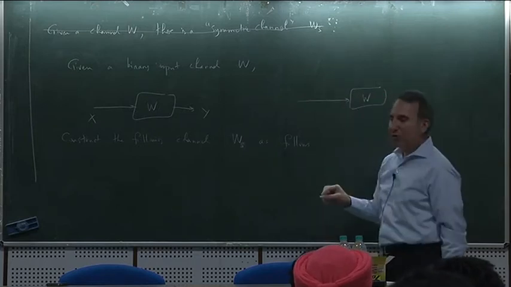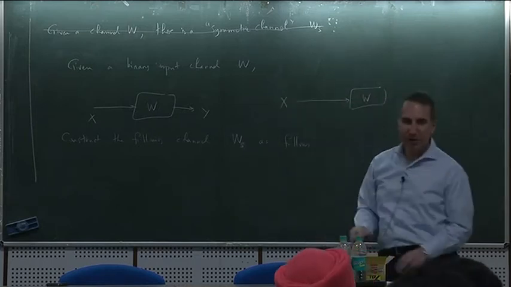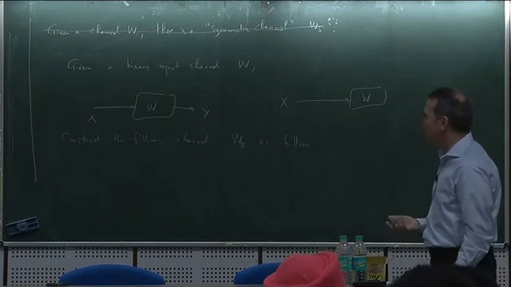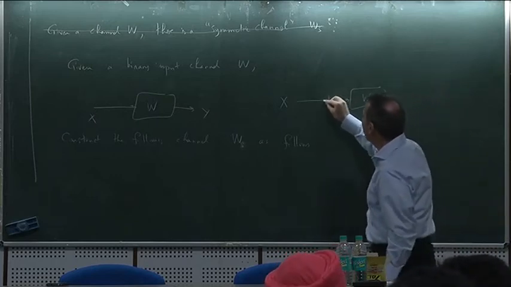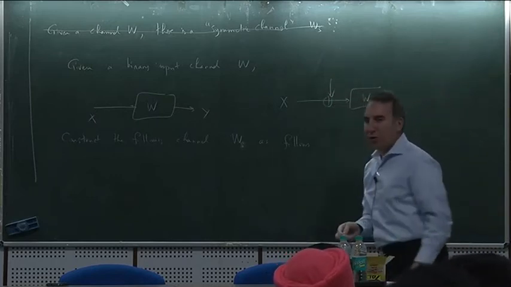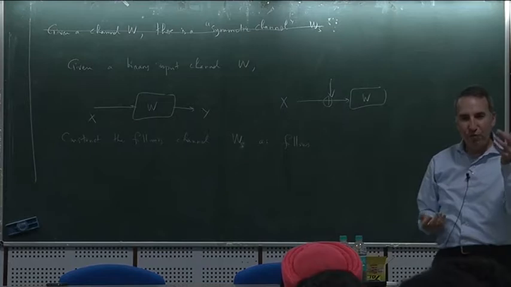The channel W is here. The input X to this WS is going to be here. I will corrupt this X by a uniform coin flip.